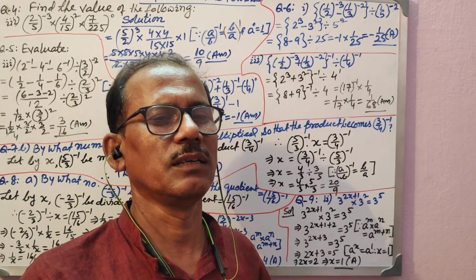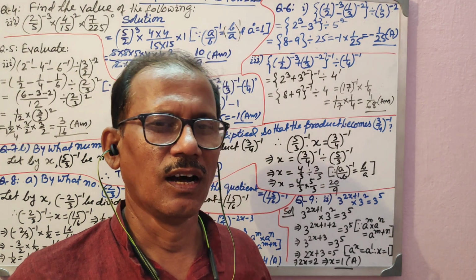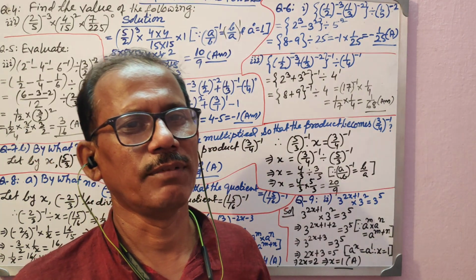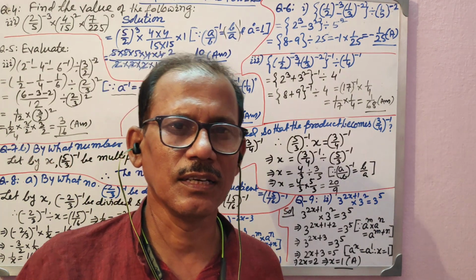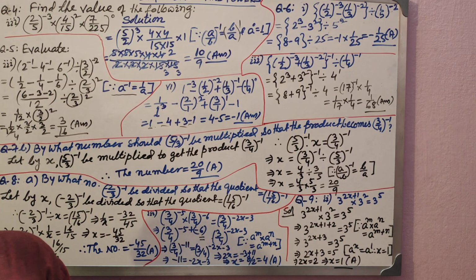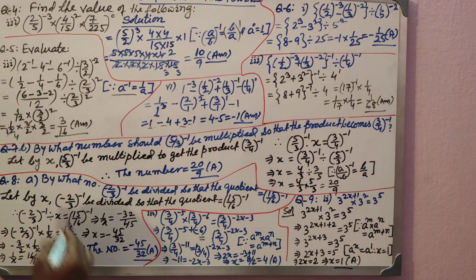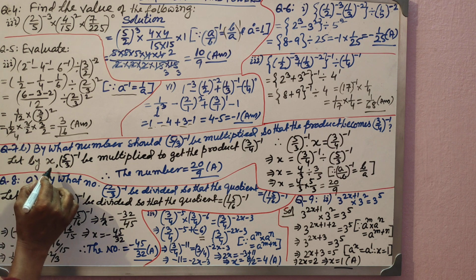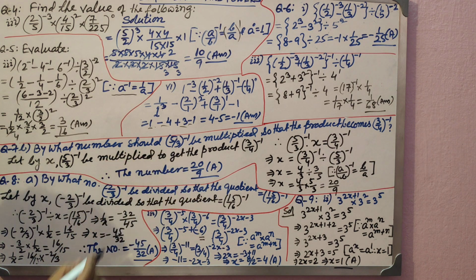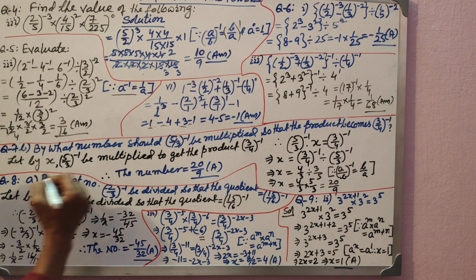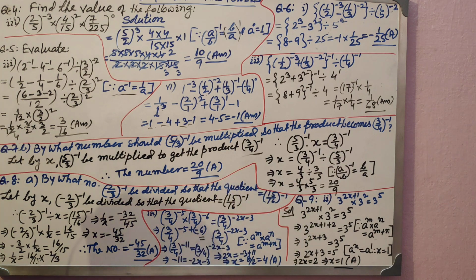Something to be multiplied, let it be a variable x, or something to be divided, let the variable be x. Then you frame an equation and then try to find out the value of x, and that will be the answer. So in the same way, 5 by 3 raised minus 1 is to be multiplied by x, so that the product becomes 3 by 4 raised minus 1. Could you understand me?